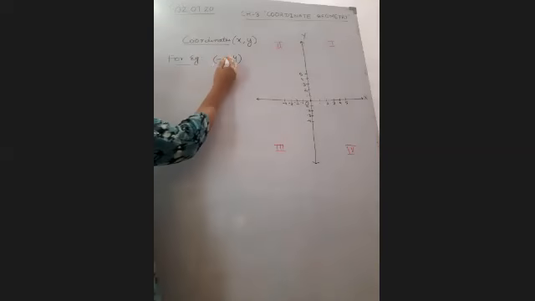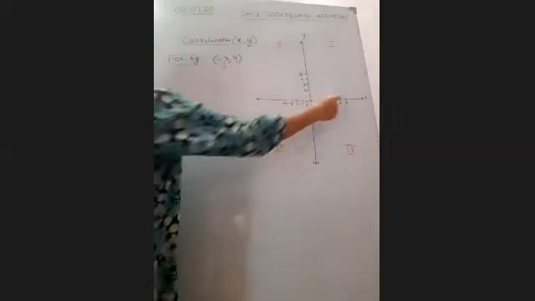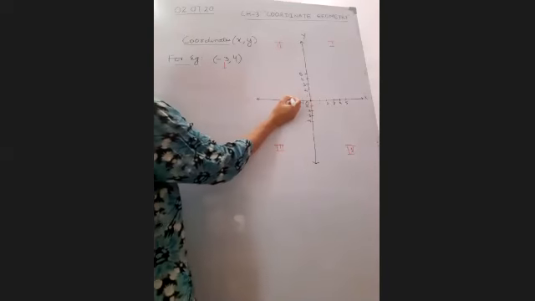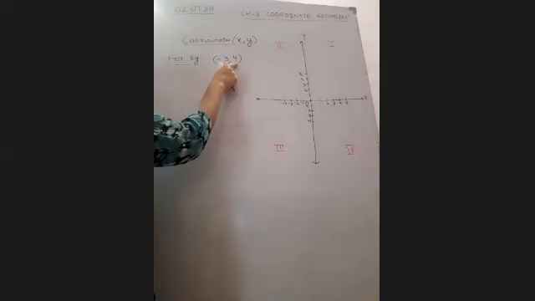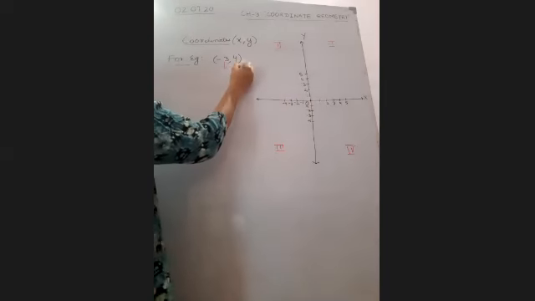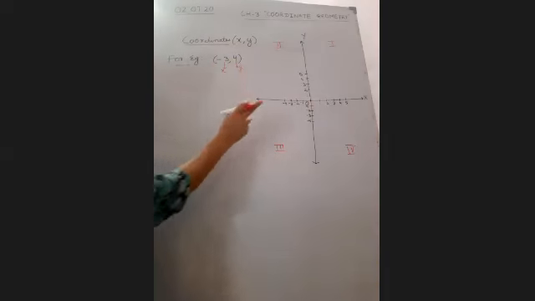-3, which axis? X. On the x-axis, you locate -3. And 4 on the y-axis.